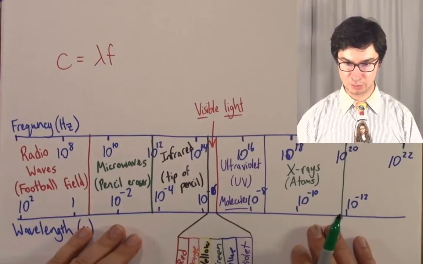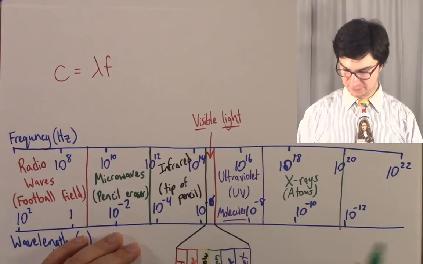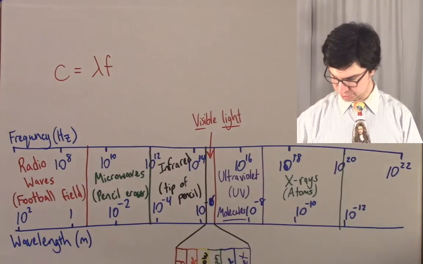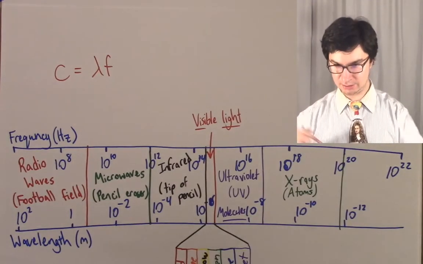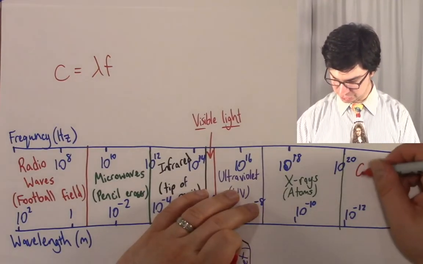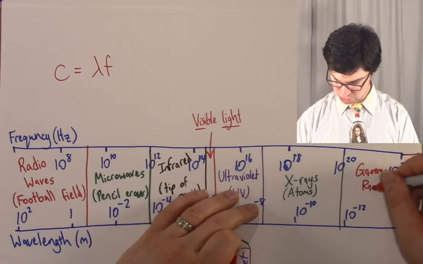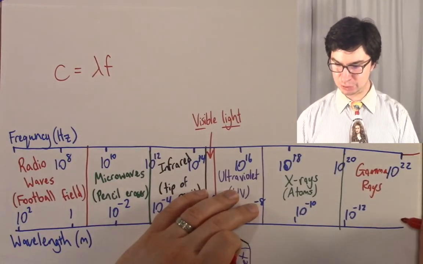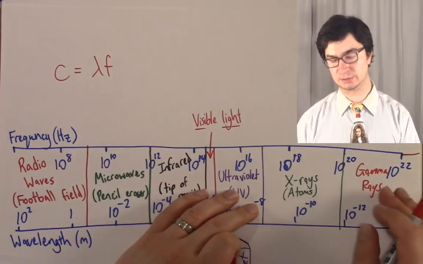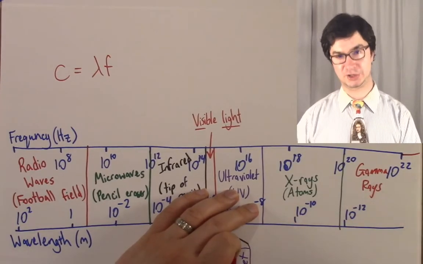And then finally, and I can see that I went a little bit too high there. Finally, the last category is gamma rays. So let's use red here. This is gamma rays. Beyond 10 to the 22nd, these are gamma rays. And a gamma ray might be produced by the collision of subatomic particles. When a particle meets an antiparticle, they annihilate each other and produce a gamma ray. And also nuclear reactions can produce gamma rays.